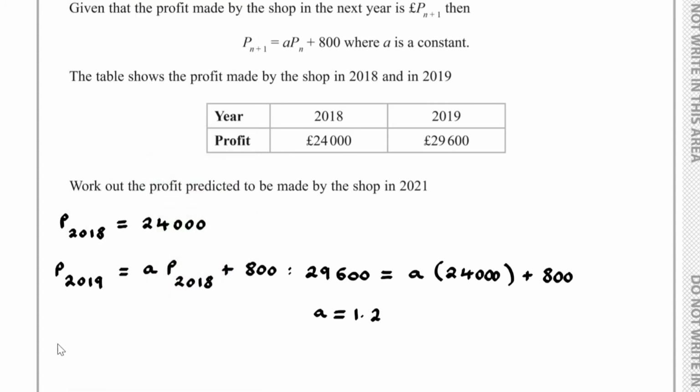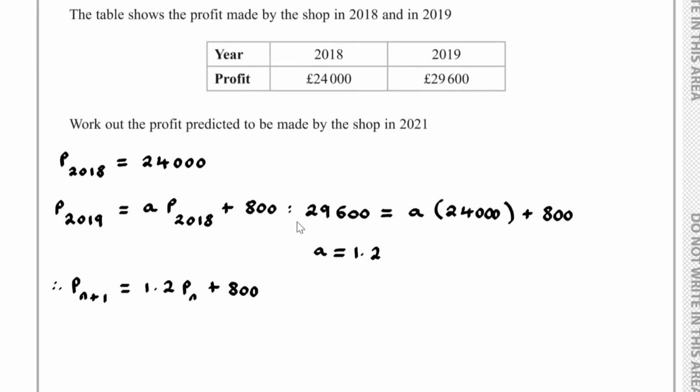So we can therefore conclude Pn plus 1 equals 1.2 times Pn plus 800. We'll be working with this formula. So what we can do is find out the profit in 2020 and then 2021. So the profit in 2020, that's equal to 1.2 times P 2019 plus 800.